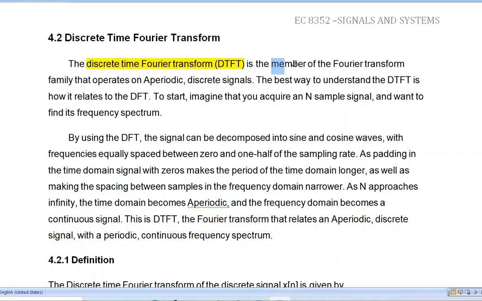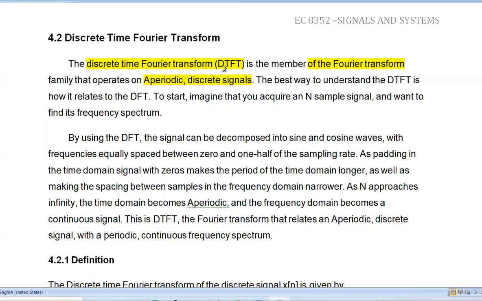It is one of the members of the Fourier transform family, and it operates on aperiodic discrete signals. Aperiodic means non-periodic discrete signals. To analyze non-periodic discrete time signals, we use the discrete time Fourier transform.